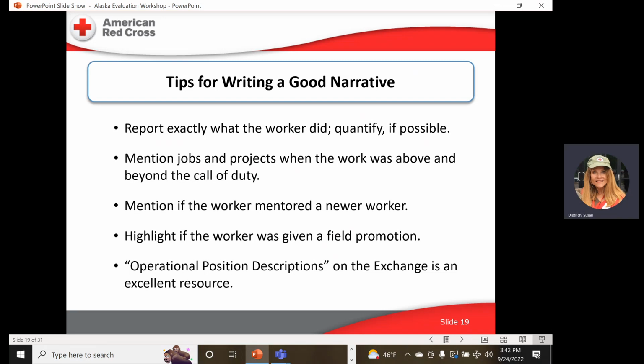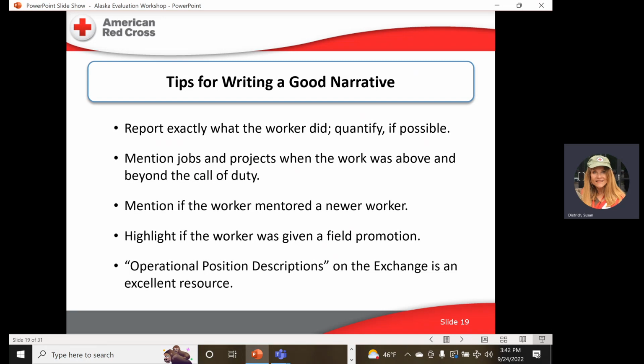But if you have somebody who has a mixed bag, some pluses and minuses, then you need to make some decisions and take a look at where the work falls, how important the issues were, and how they responded to the issues. You want to mention in your narrative if the worker mentored a new worker.